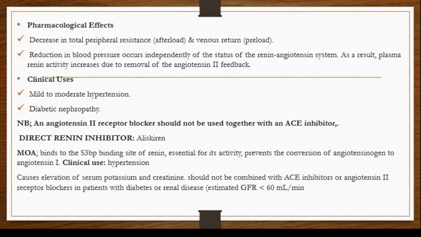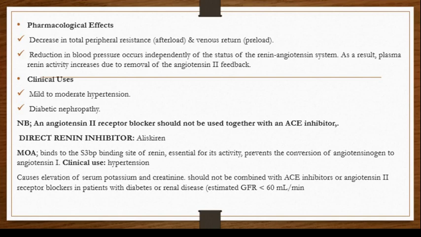So once this step is blocked, we are not going to have angiotensin 1, we are not going to have angiotensin 2 to give us all the effects of vasoconstriction. Once you block the interaction of angiotensinogen with renin, then all the steps which are left will also be prevented.